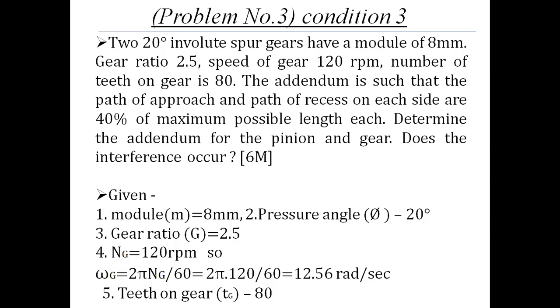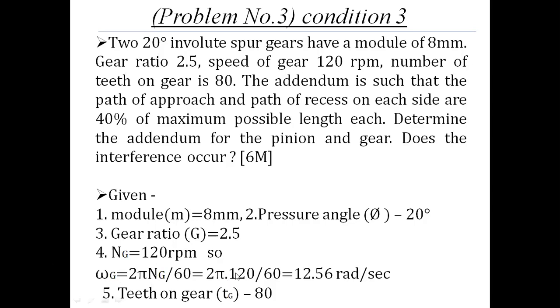Now the given data is written here. Module 8 mm, pressure angle 20 degree, gear ratio G is given 2.5, and NG, number of revolutions of gear, is given 120 rpm. So we have a formula to find the angular velocity omega for gear, omega G equals 2 pi NG upon 60, rpm for gear divided by 60.